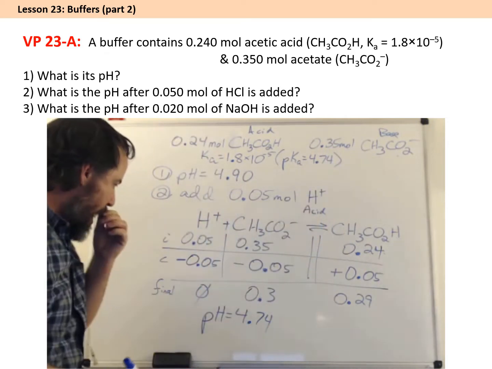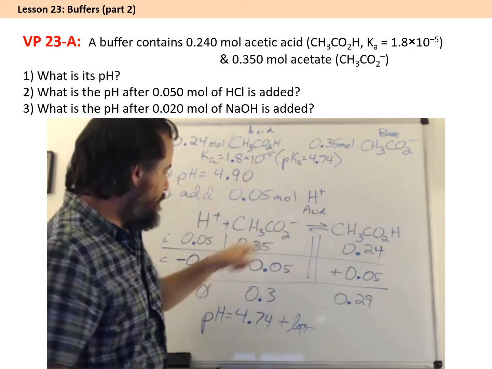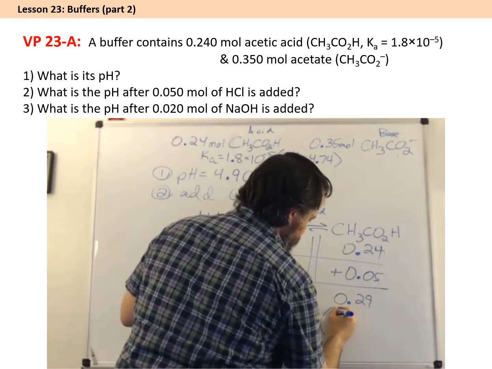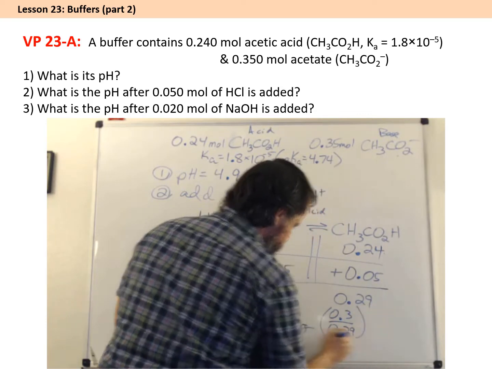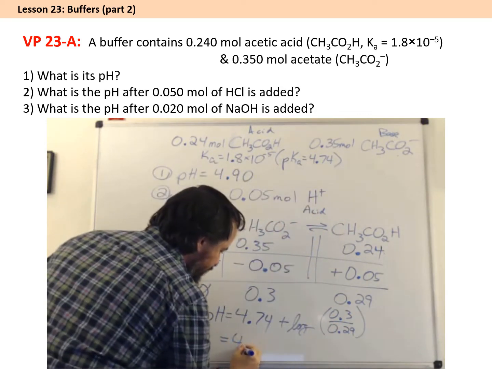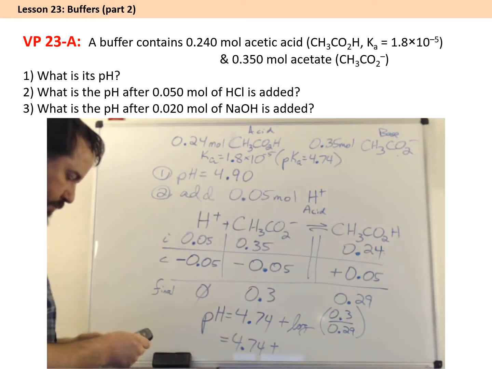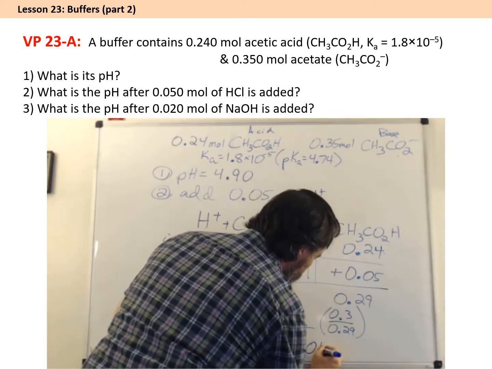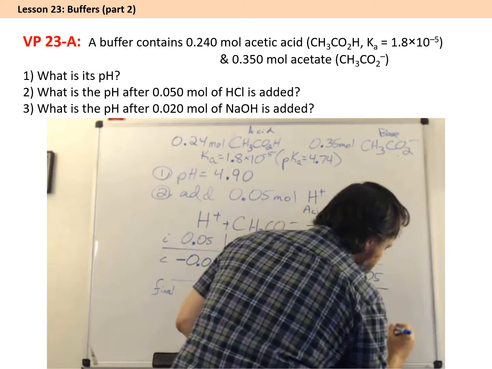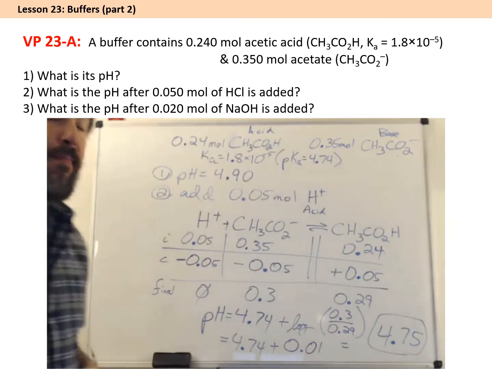Then I'm going to add the log of my base over my acid. That's 4.74 plus 0.01, so that's going to get me 4.75 for my pH.